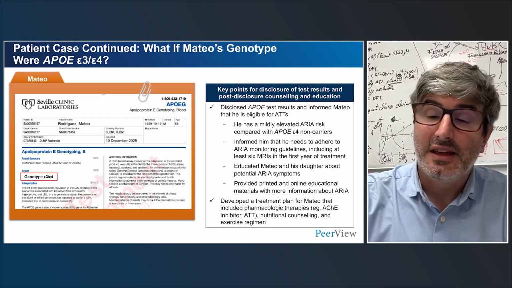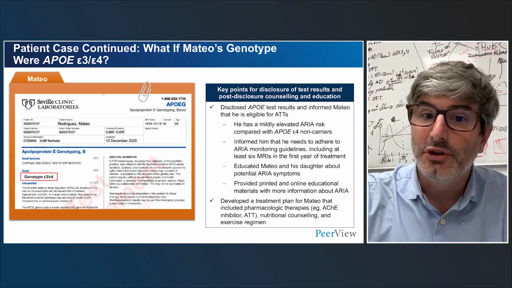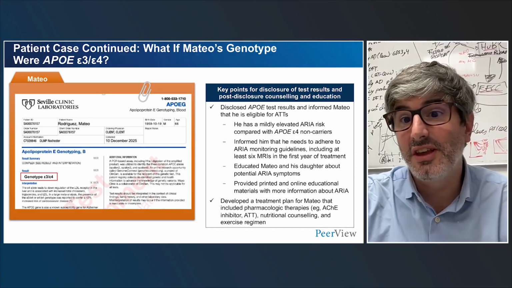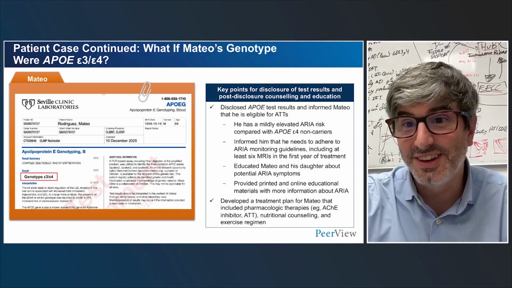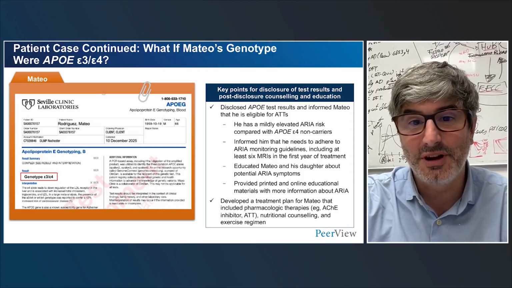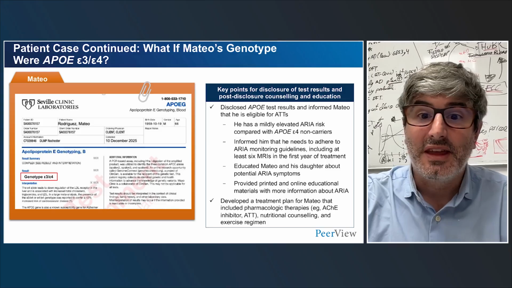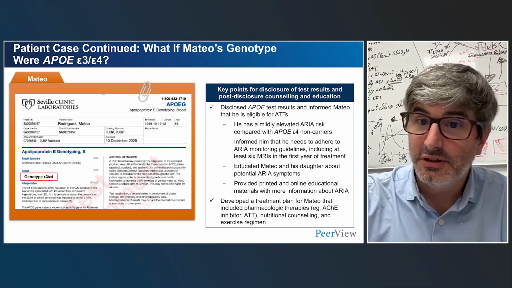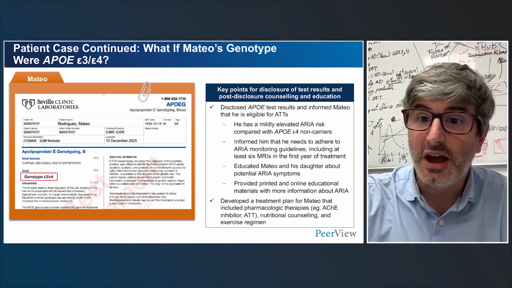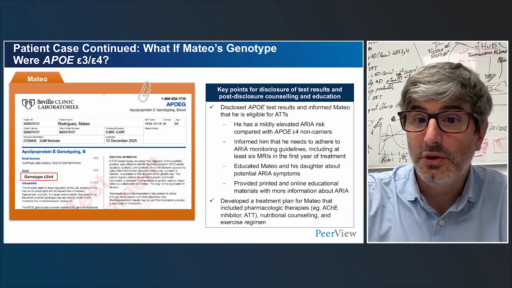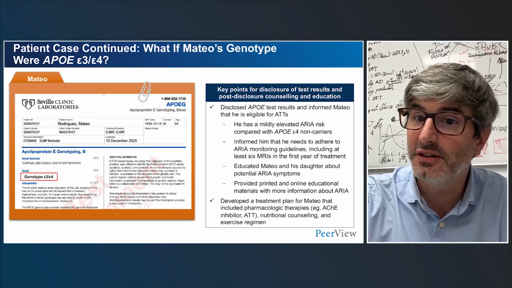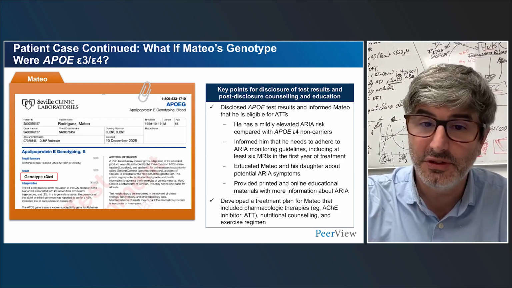He needs to adhere to ARIA monitoring guidelines, including 6 MRIs, although that's the case for all patients in practice. And if he initiates treatment, we should inform him about ARIA symptoms and what to look out for, and how and when he should contact the treating physicians.